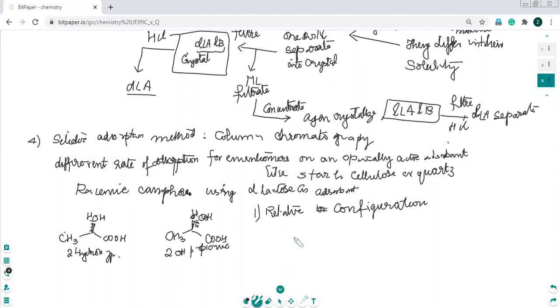Now here you can see a compound which we have already seen. This is a naturally occurring glyceraldehyde obtained from nature, and this is having a positive rotation.